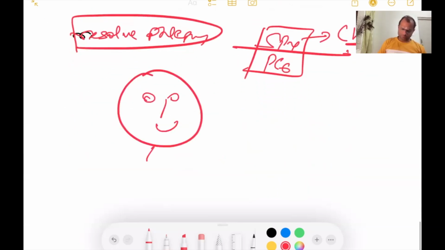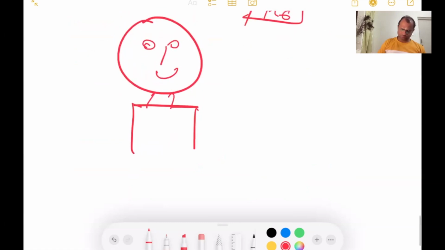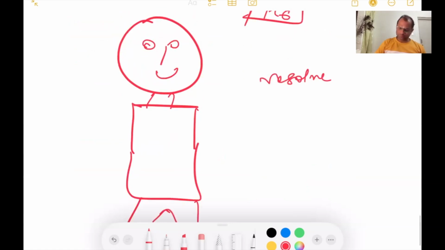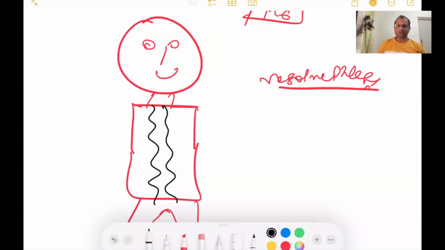Number 1, it will resolve the flame. ये flame को resolve करेगा. And number 2, Chongmo vessel is going like this, right?